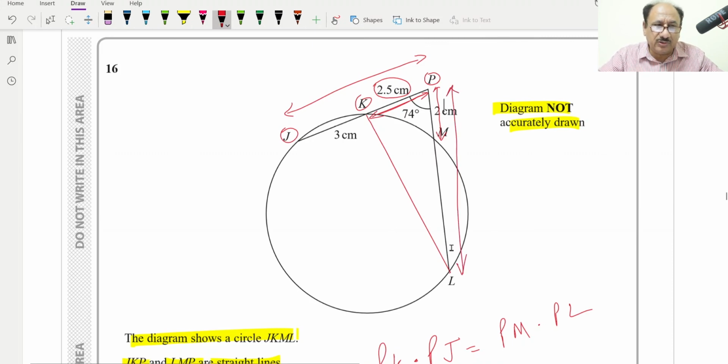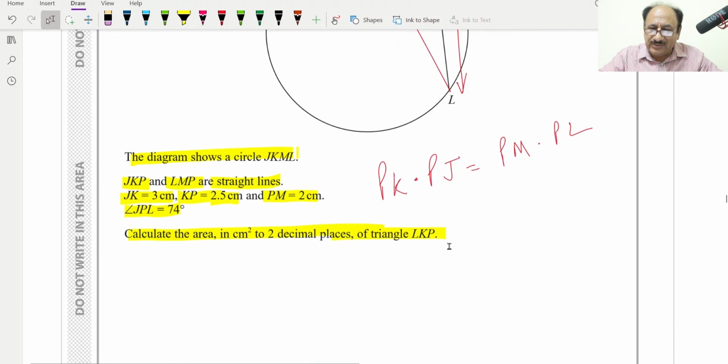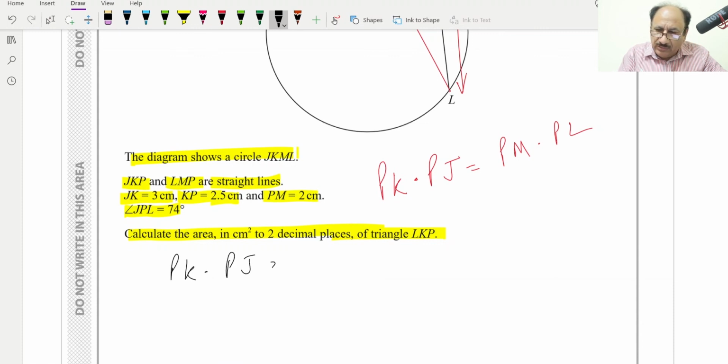Hopefully you understood this. And if we replace values in this one, I will rewrite it over here: PK into PJ is equal to PM into PL.